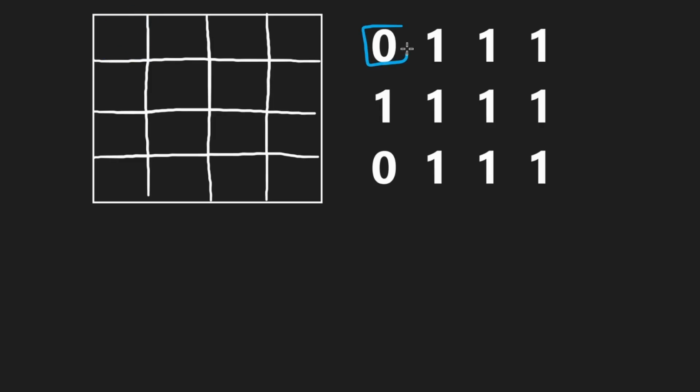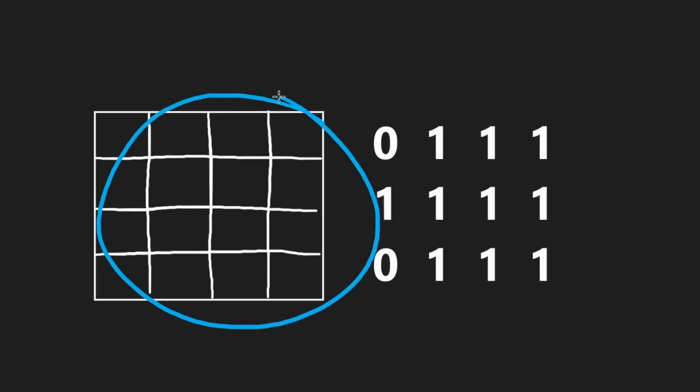We will start here. We'll see that it's a 0. So what we're going to fill in here is 0. But even if it wasn't, if this was a 1, we would look to the left, above, and to the top left, but we'd see that we're out of bounds in all of those directions. So an elegant way to solve this problem, if you are filling in a grid, like a matrix, you could create a grid that is not the same dimensions as the input, but actually has one more layer.